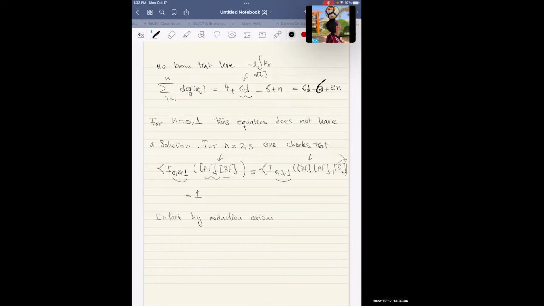We can, in fact, by the reduction axiom, recall that I_{g,n,beta} of alpha 1 all the way to alpha n minus 1, then alpha n, this thing, is equal to B. We did this thing, right? If I want to take this part out, that's the cohomology Poincare dual of some cycle. So that's basically the Poincare dual of cycles.